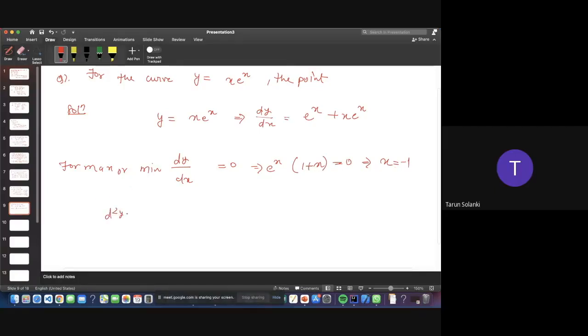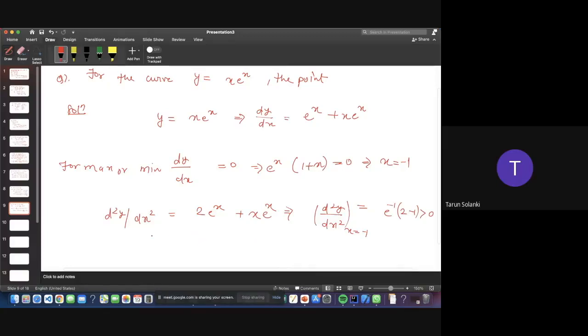Similarly, d square y upon dx square is 2 e to the power x plus x e to the power x. So in this case, d square y by dx square at x is equal to minus 1 will become e to the power minus 1, which is greater than 0, right?